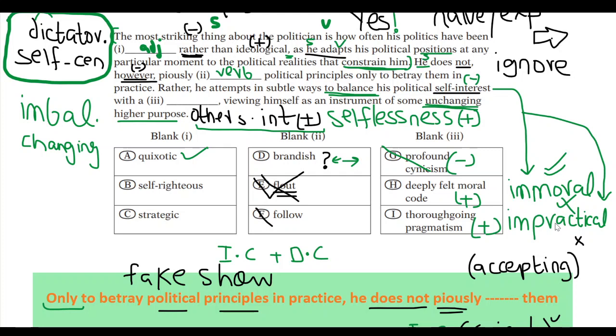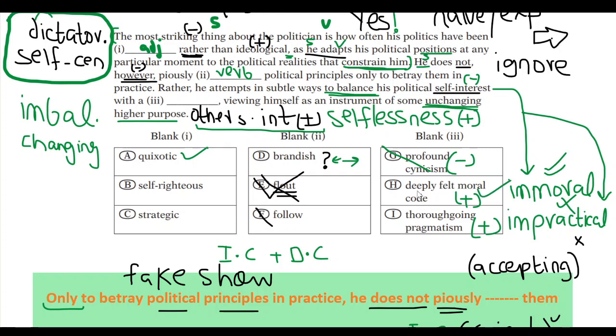Even though you're doing it for your self-interest, it can be practical. However, when you're doing things solely on your self-interest, it is a moral issue. So deeply felt moral code is a much stronger contrasting idea than thoroughgoing pragmatism.